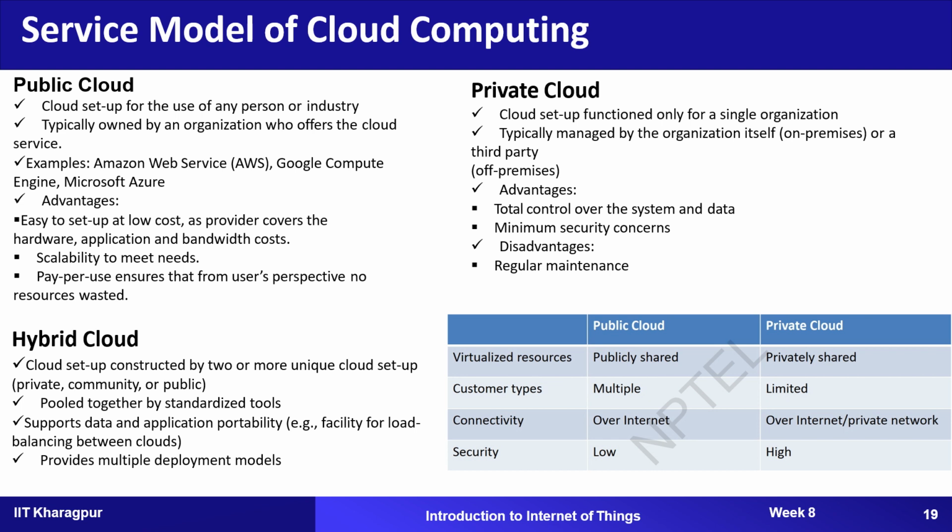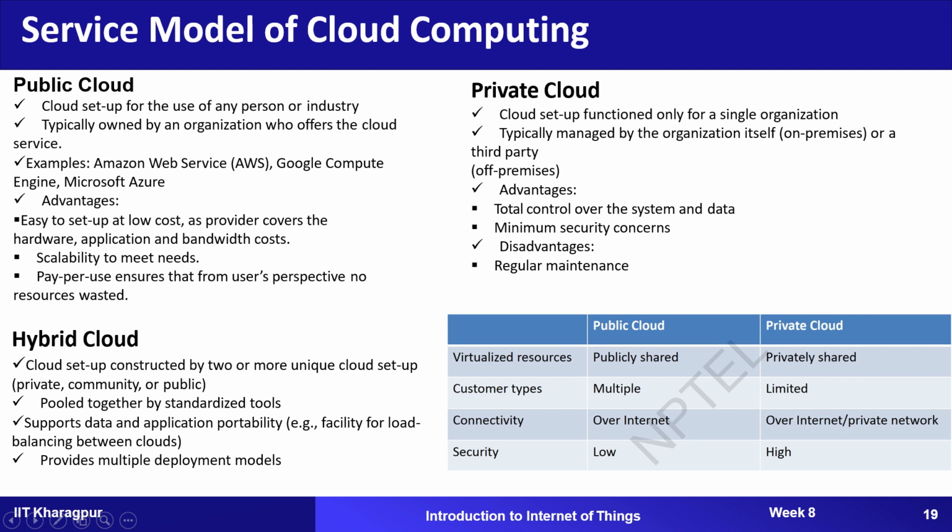So now this table is showing the difference between your public cloud and private cloud. So in case of your public cloud, the virtualized resources are publicly shared. However, in case of your private cloud, these are privately shared by the members of an organization only. Then in case of your public cloud, the customer types are multiple, so it can be anyone from the network.